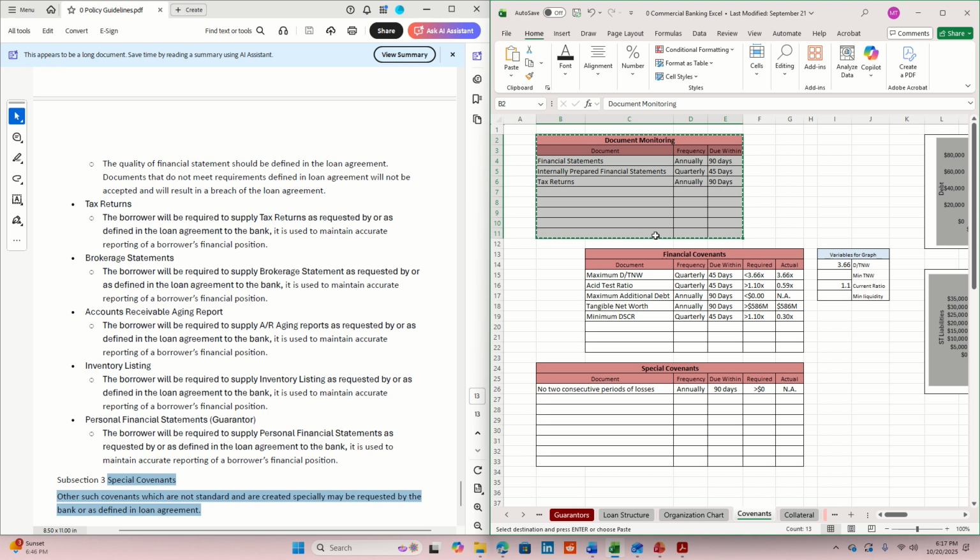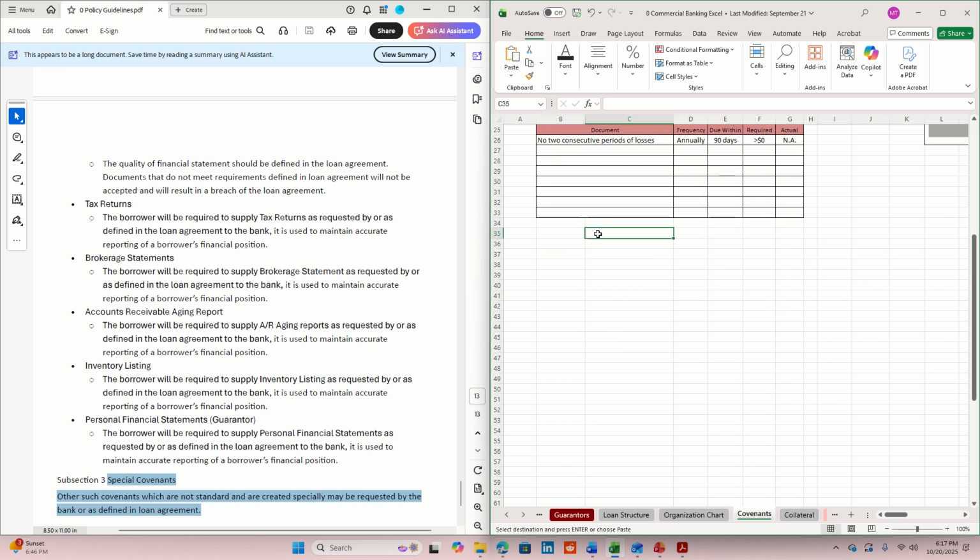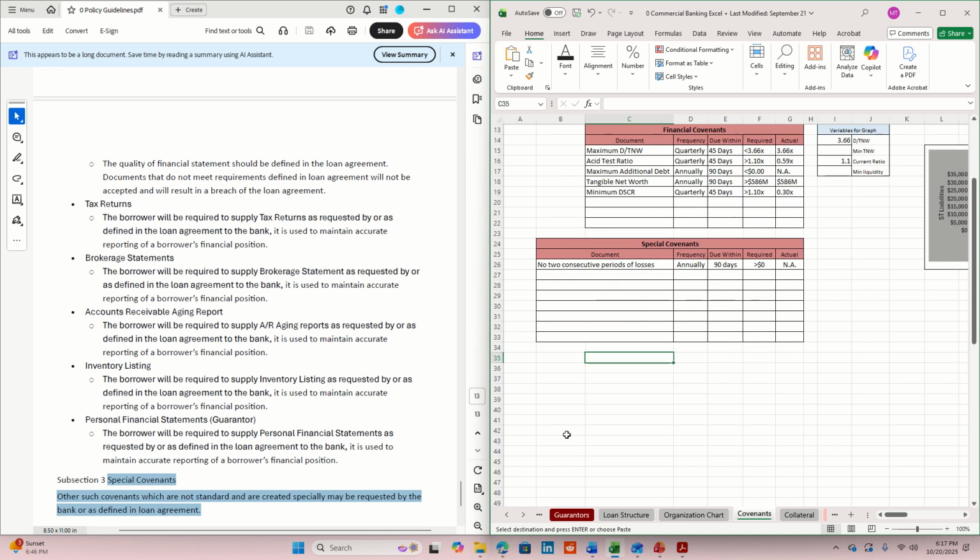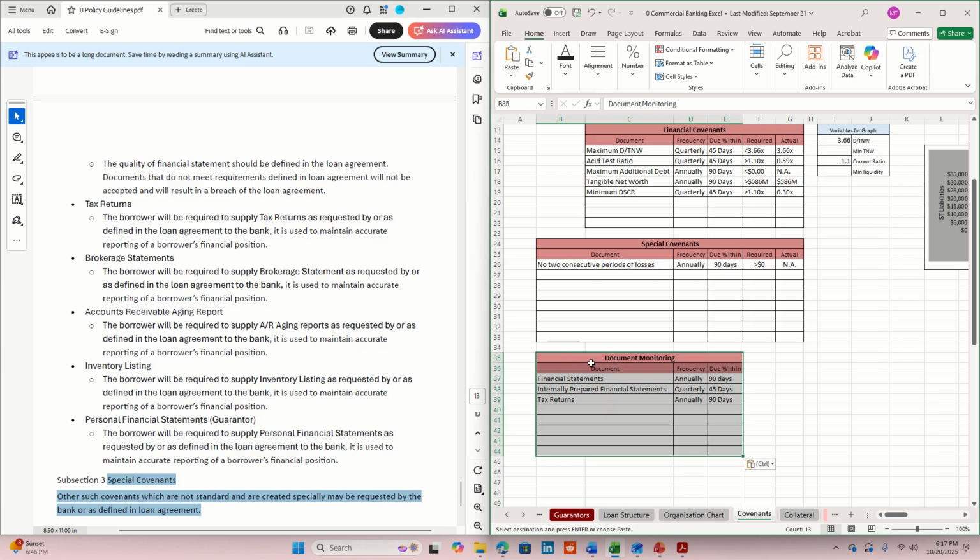Brokerage statements. So actually, for brokerage statements, we're going to have to create a whole other chart for document monitoring. Control C, and then Control V. Document monitoring, guarantor. Okay. So now we're going to type personal financial statements.